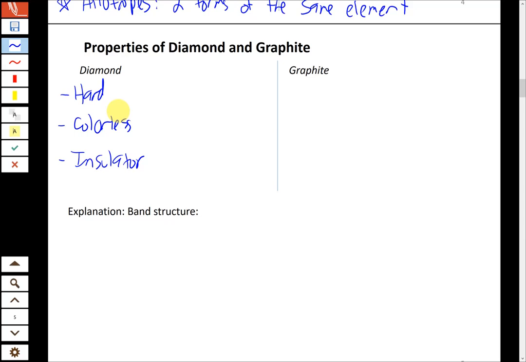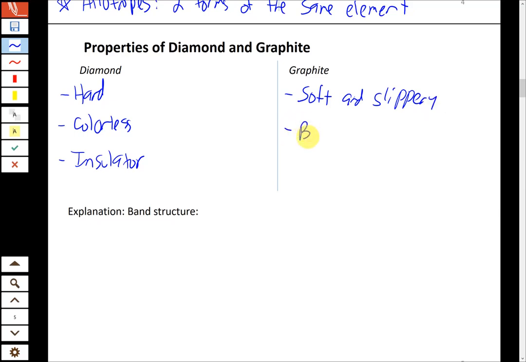And then graphite, in a lot of senses, is opposite in a lot of ways. So graphite, if you've ever seen it, it's soft and slippery. So it's very easy to break graphite. If you had a piece of it in your hand, you could just break it like a cracker. It's not that hard at all.